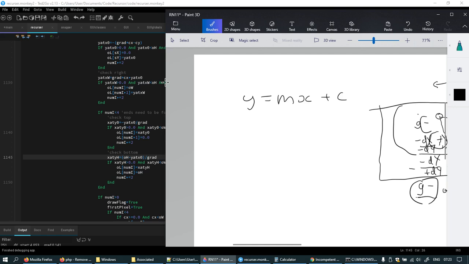So I subtract c from both sides. Is this right? I can never remember. Then divide throughout by m: y minus c divided by m. Now to me that looks like it should be right, and that is the same: 0 minus c, y at x0 divided by gradient.